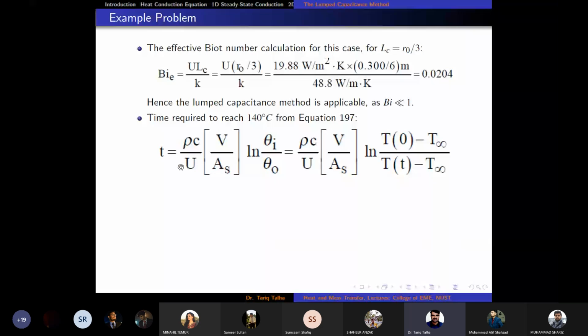So now you can see that there was a replacement of h with U. In the original derivation we had used h here, hA_s, but now we have got UA_s because we have got additional resistance of dielectric material. So it is just a matter of putting in the values.